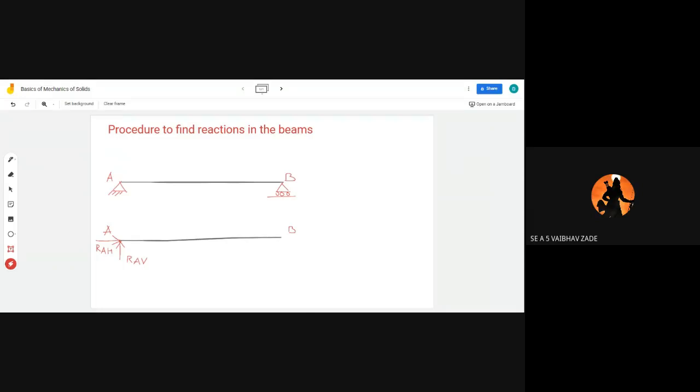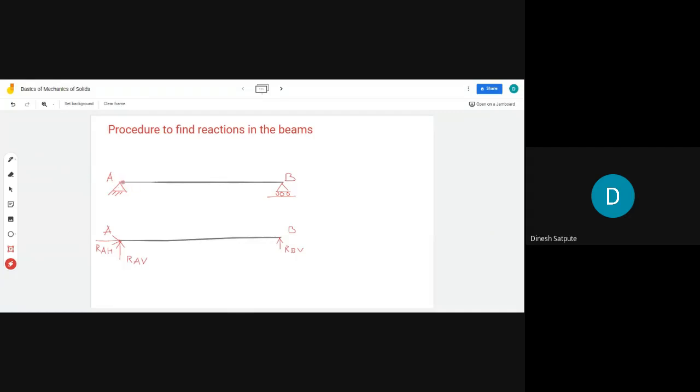Upward direction, or vertical direction, correct? So I will show that reaction like this, and I'll call it RBV, RB acting in the vertical direction. Now friends, just listen.